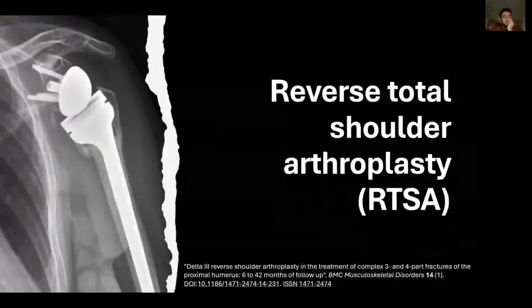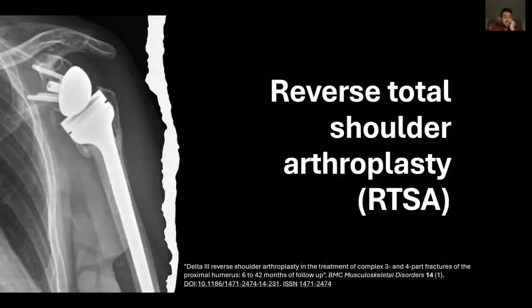This is a slide on how an RTSA would look. If you imagine a socket and ball, this is the humerus where we have the socket here, and the ball is here, which on normal anatomy would be the other way around.